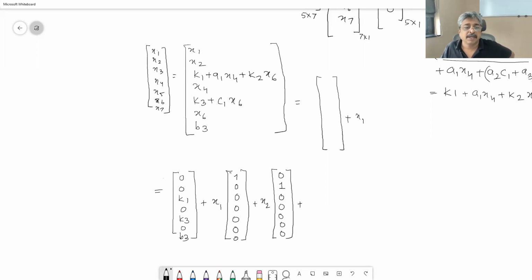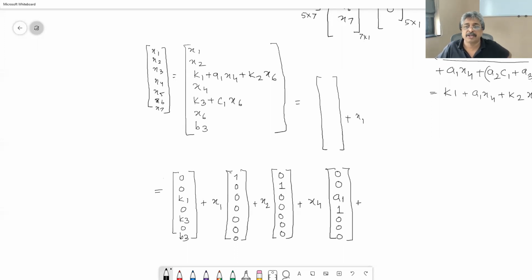Plus x3 times, now x3 is dependent, so it is not free, so it will not appear. For x4: first case 0, second case 0, third we have a1, fourth we have 1, then 0, 0, 0. We don't have x4 elsewhere.